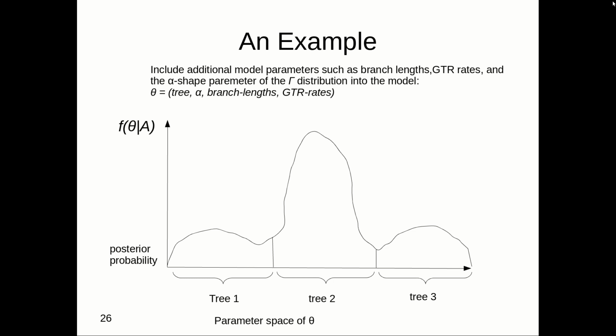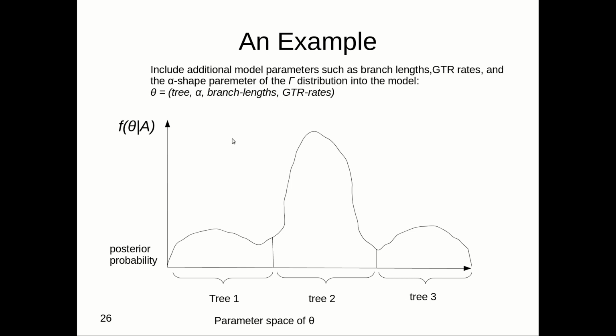So here's another example. Now we may want to include additional model parameters such as branch lengths, the rates of our nucleotide substitution models, and the alpha shape parameter of the gamma distribution into the model. So now our parameter vector would look something like that. Theta would contain the tree, this alpha parameter, all branch lengths, and all GTR rates.